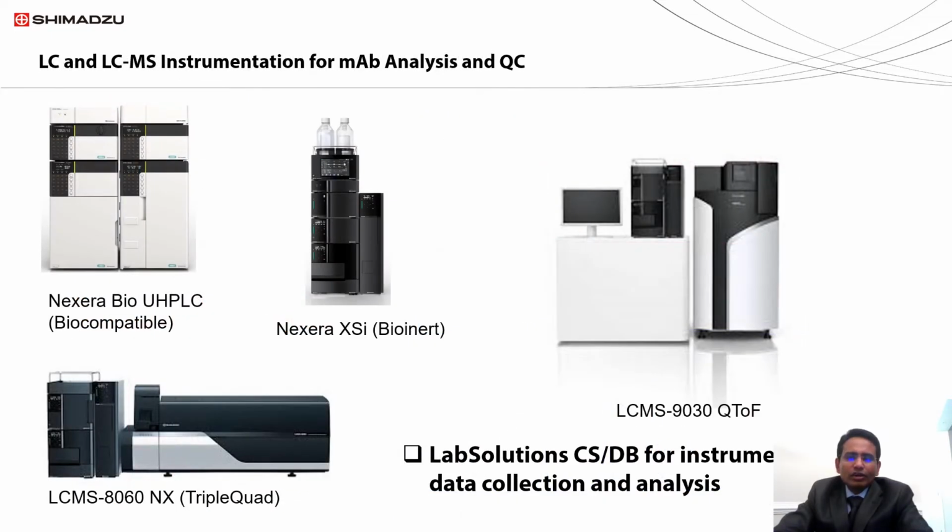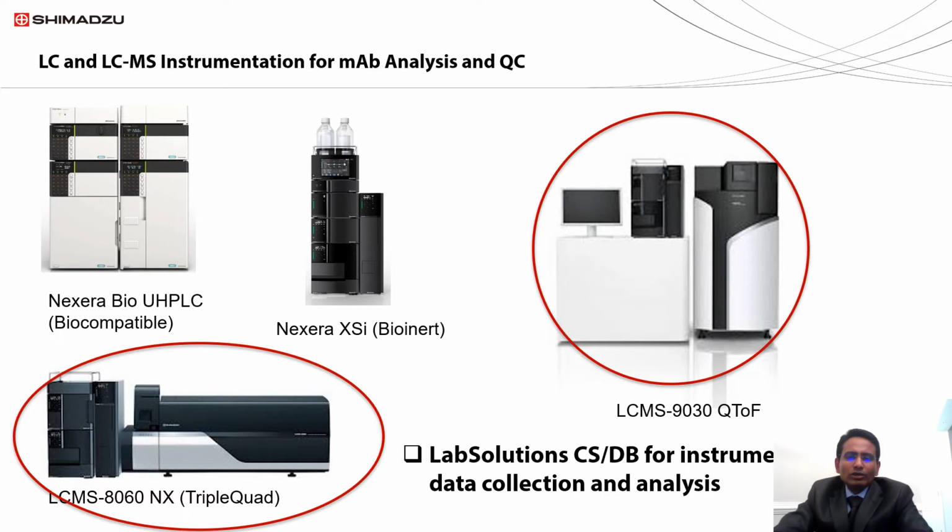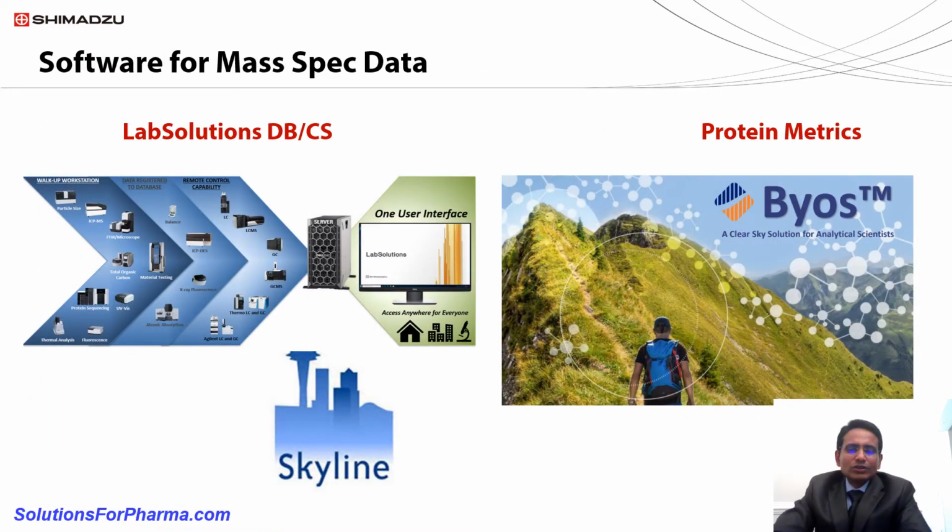This is again our complete portfolio of instruments, but I am going to talk about the data analyzed by LCMS 9030 QTOF and LCMS 8060NX triple quad. We use three softwares to do the analysis. One is LabSolutions DB or CS. LabSolutions DB can be used for single instruments and single computers.